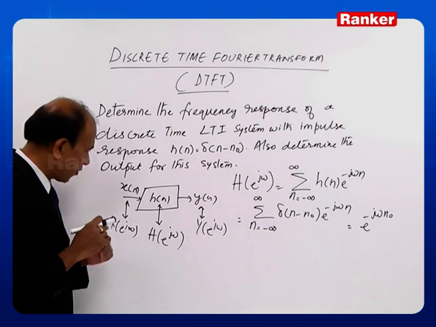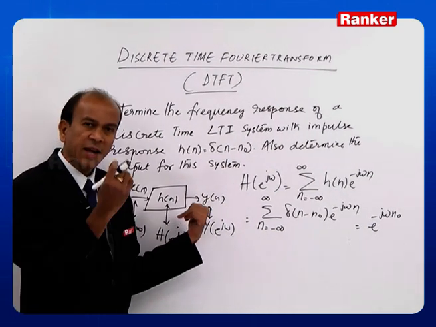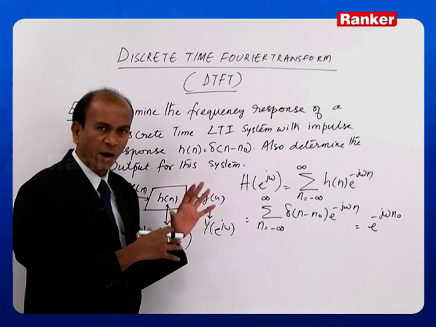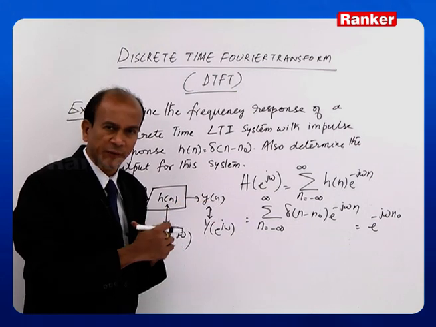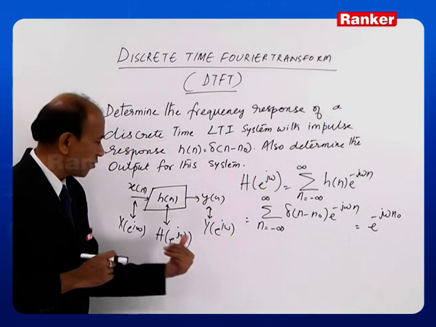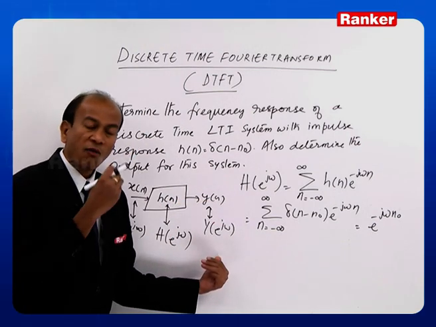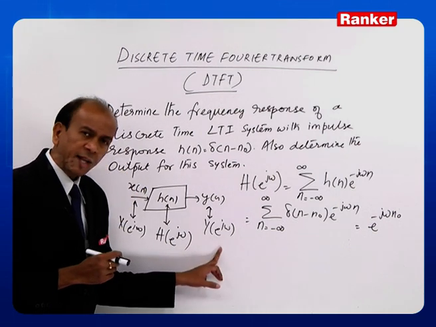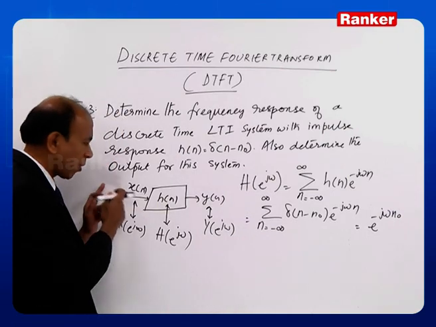So, how do you calculate the output for the system? We said the output is represented by this function y of n, which has a discrete time Fourier transform Y of e to the power of j omega. Now, this response will be equal to the product of these two.